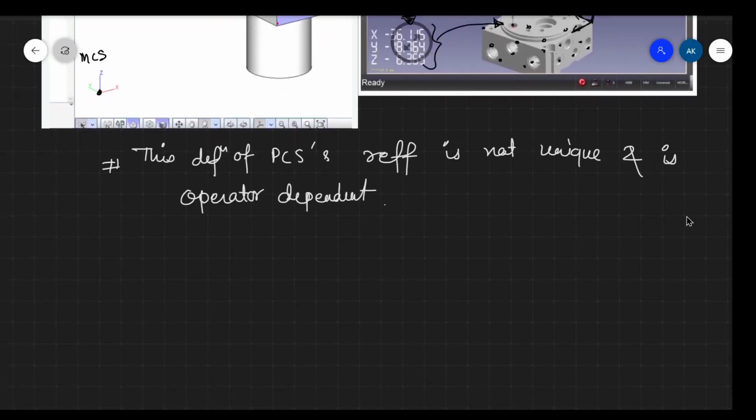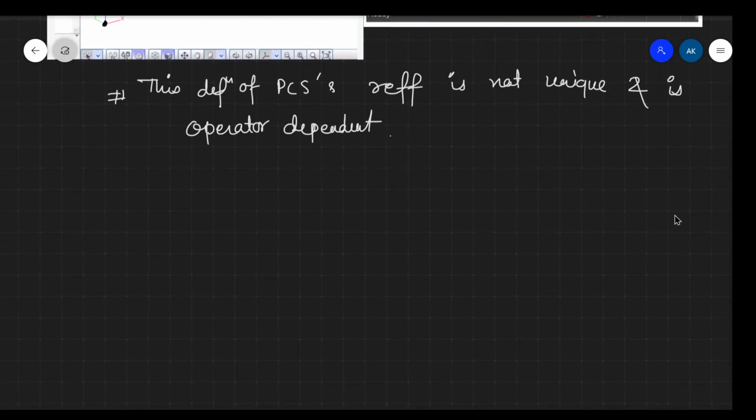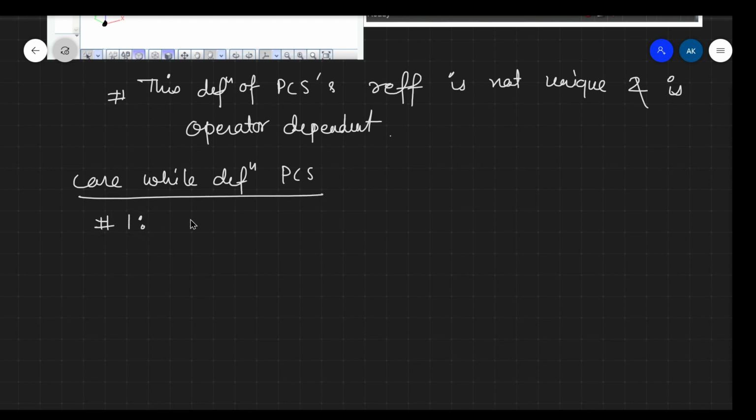But yes, there is some care which you have to take while defining the part coordinate system. One is that you put the tightest tolerance on the primary plane.